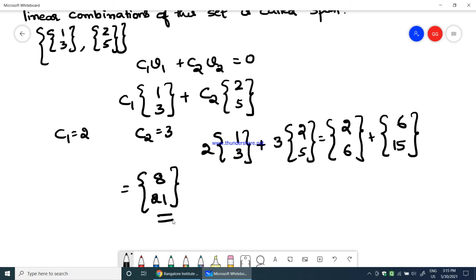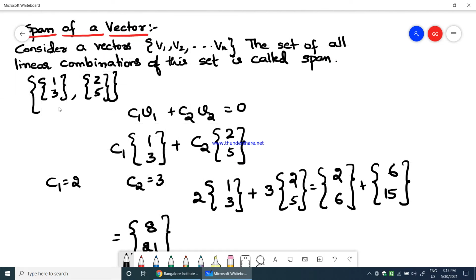So (8, 21) is also a vector which is spanned by these two vectors (1, 3) and (2, 5). This is how you find the set of all linear combinations of this vector set.